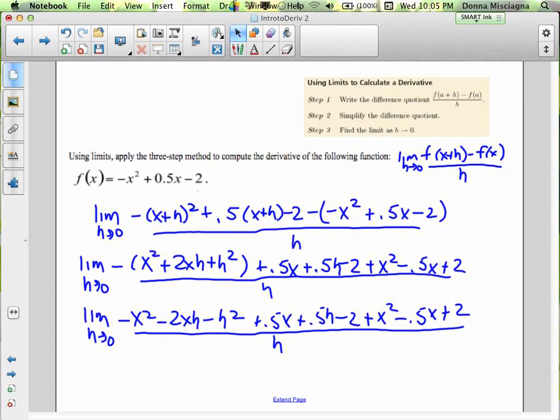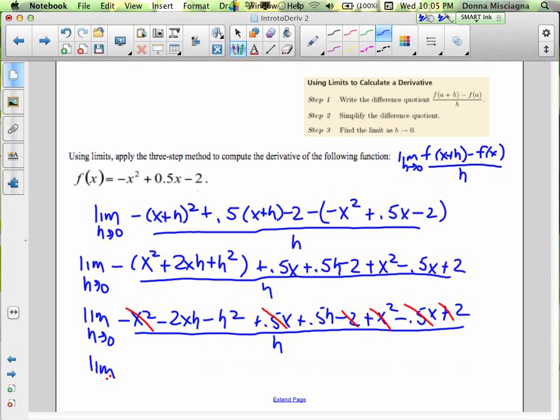All right, so now let's see who cancels out. There's a negative x squared and a positive x squared. Those are gone. 0.5x and negative 0.5x, negative 2, positive 2. And if you don't mind, since I'm running out of space, let's combine two steps at the same time.